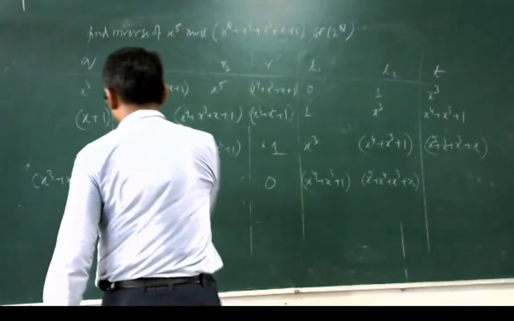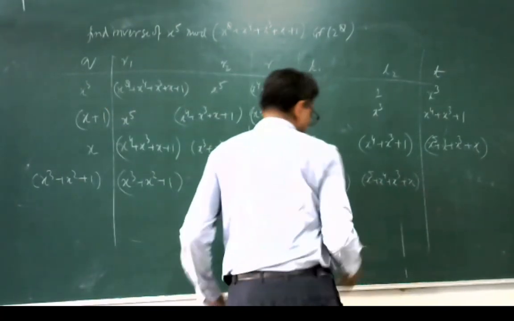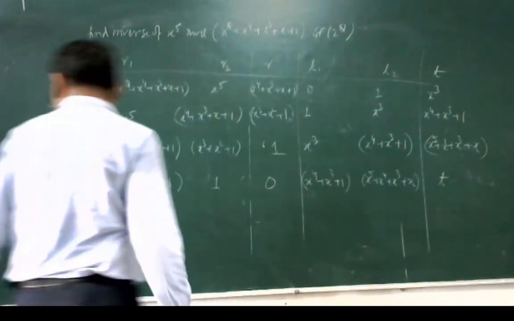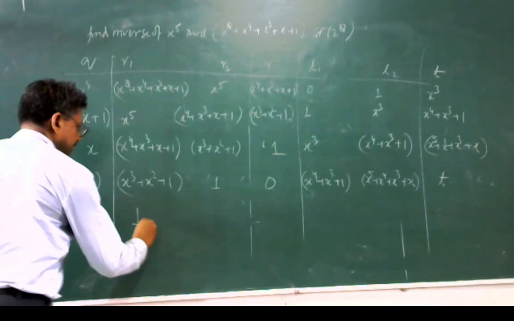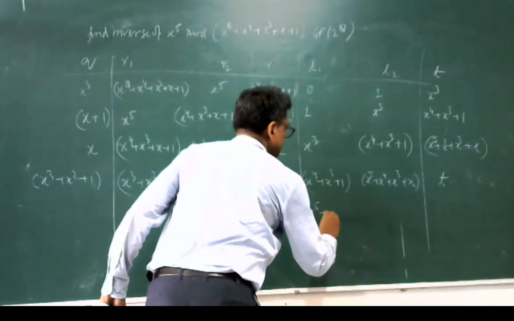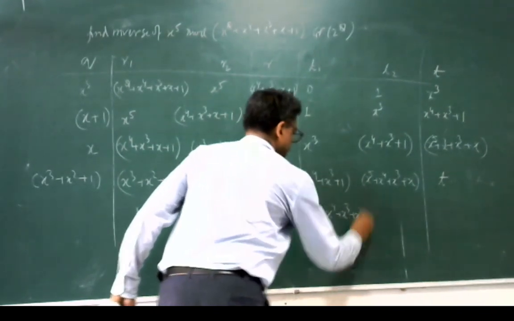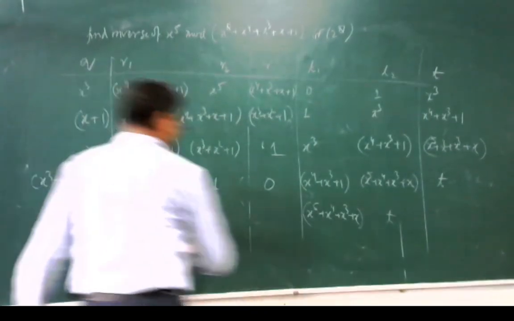This, this plus multiplied by this into this. So we will be getting a certain value, suppose it is t. We are not at all concerned what that value will be, because here it is 1, it is 0, here it will be x to the power 5 plus x to the power 4 plus x to the power 3 plus x, and here it will be t. It does not matter whatever is the value of t. Why?